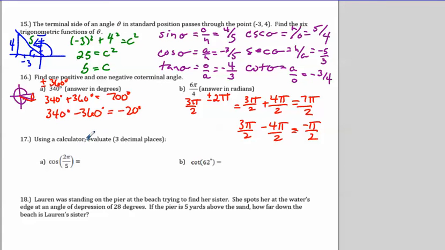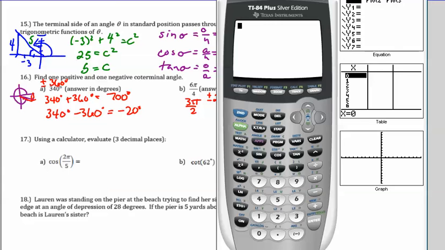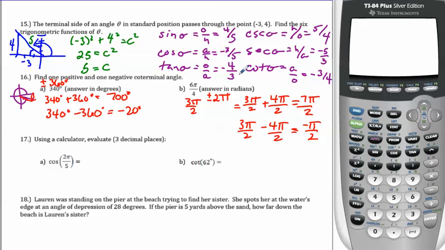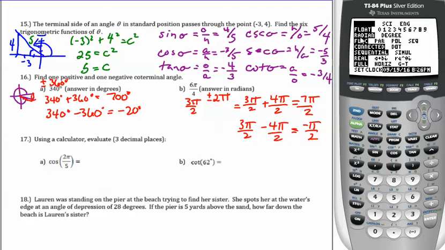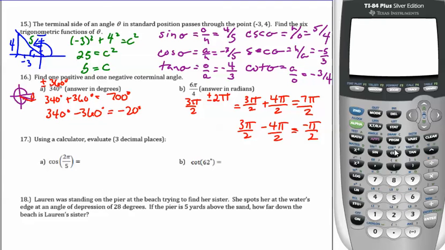For 17, it says to use a calculator. So let's pull up a calculator. You need to make sure you're in the right mode. So for 17a, this is a radian angle measurement, so I need to press mode and make sure I'm in radians. So I am in radians right now, so that's good. I'm going to type cosine, and the parentheses comes up right away. I need 2 pi.